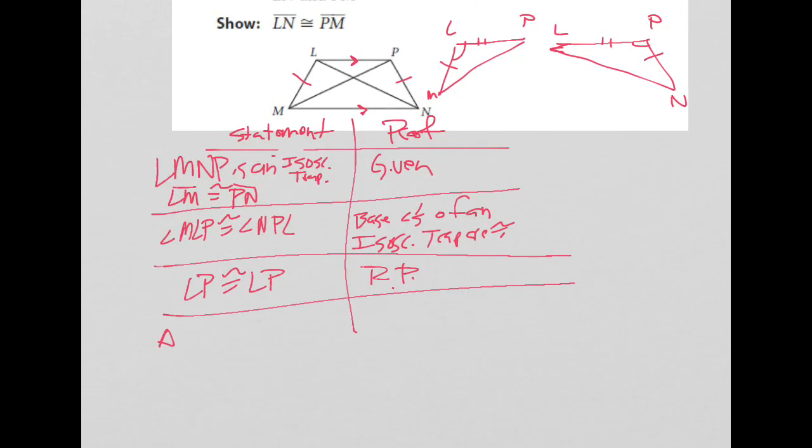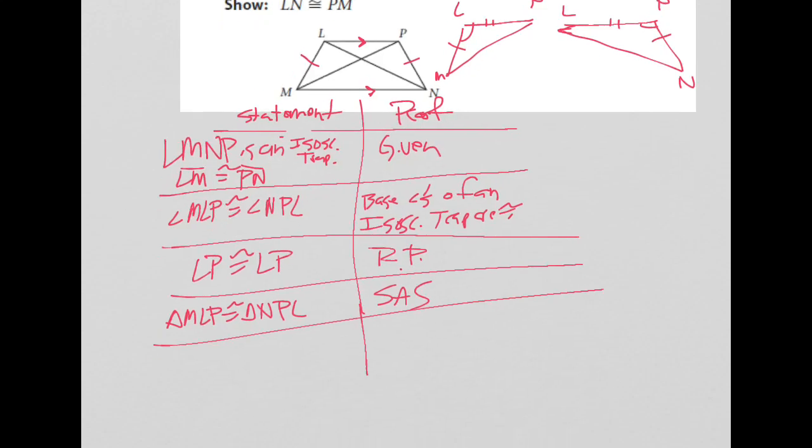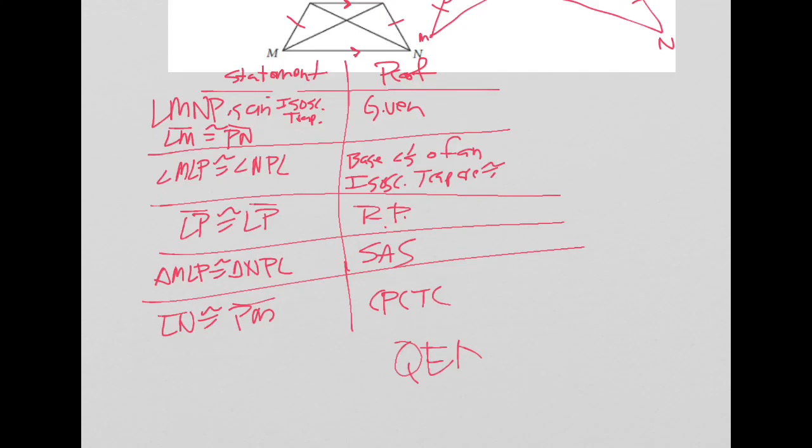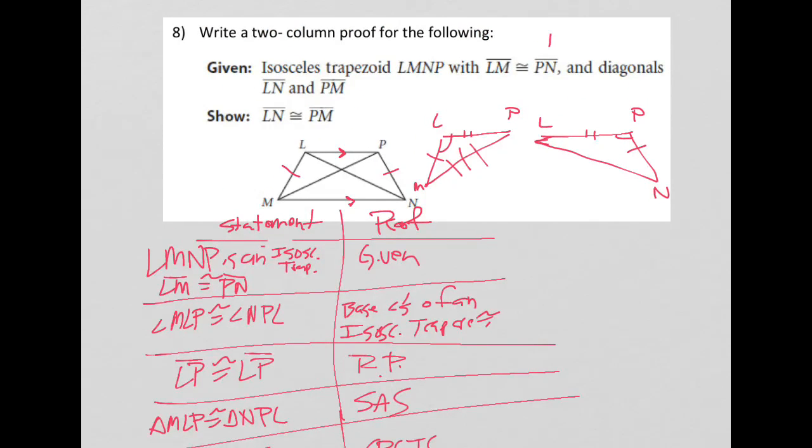Therefore, I have triangle MLP congruent to triangle NPL by the side-angle-side triangle congruence shortcut, and therefore LN is congruent to PM by CPCTC, and we are done. So, scoobity doobity doo.